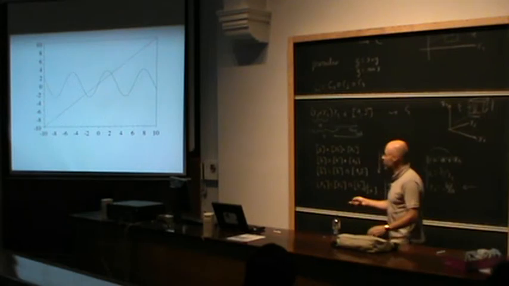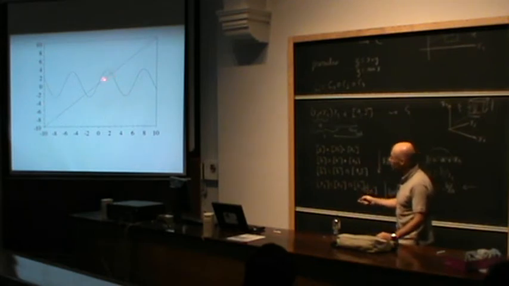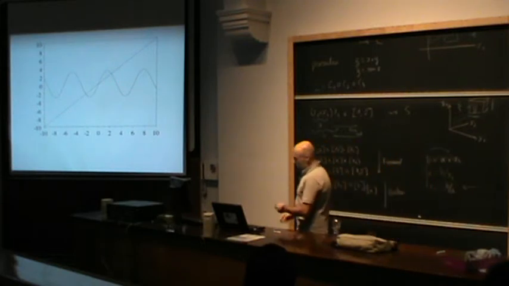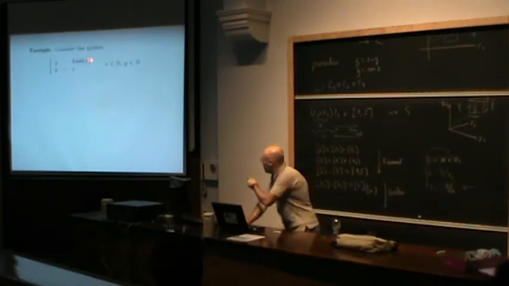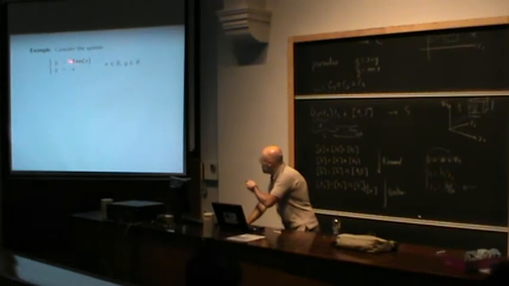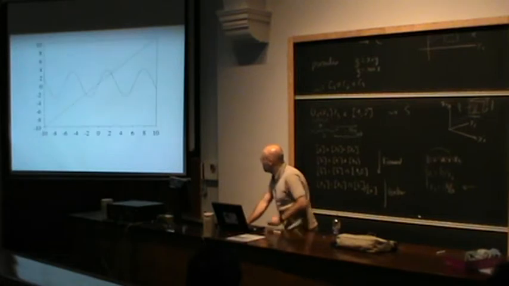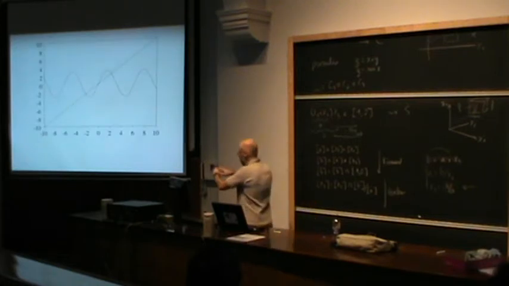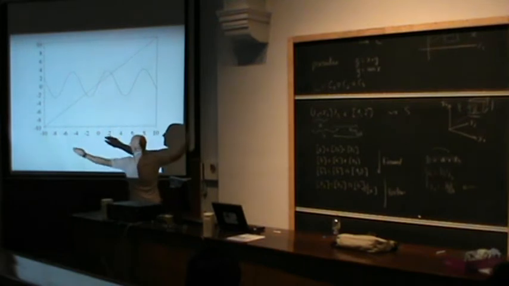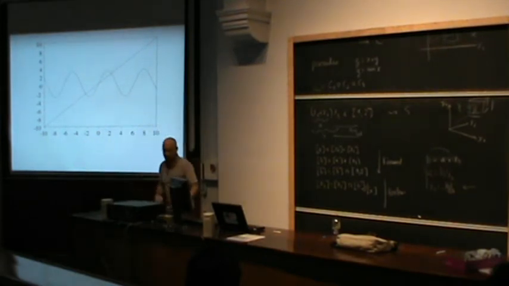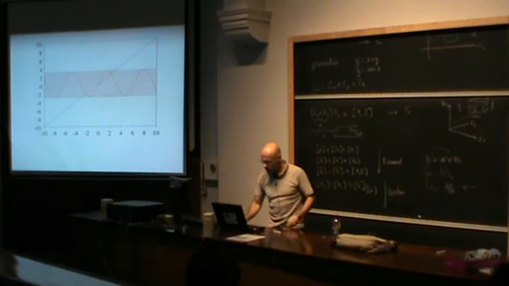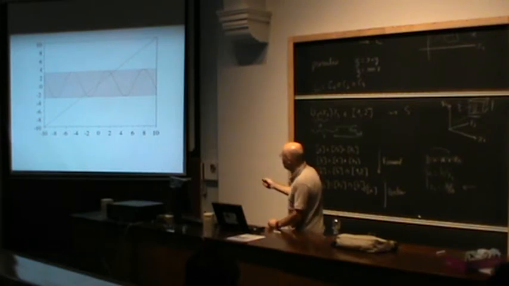For my problem, I will have three solutions. As we saw before, the first equation will be transformed into a contractor. I start with a box which is minus infinity to plus infinity in both directions. I apply the first contractor, and thanks to the first constraint I am able to remove these two parts.